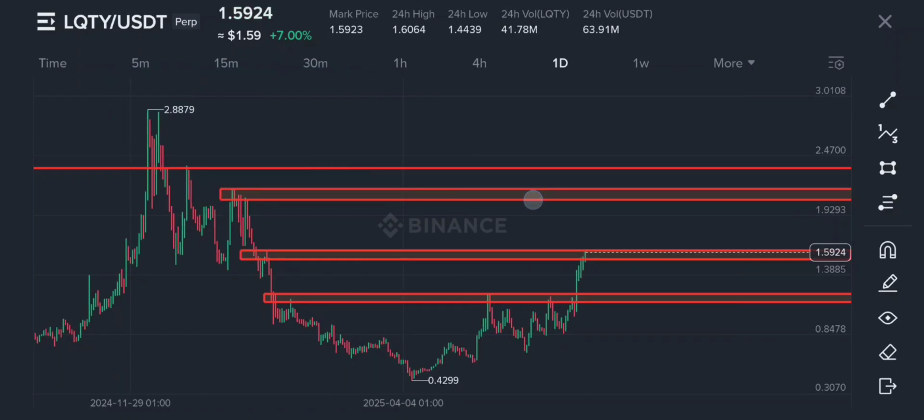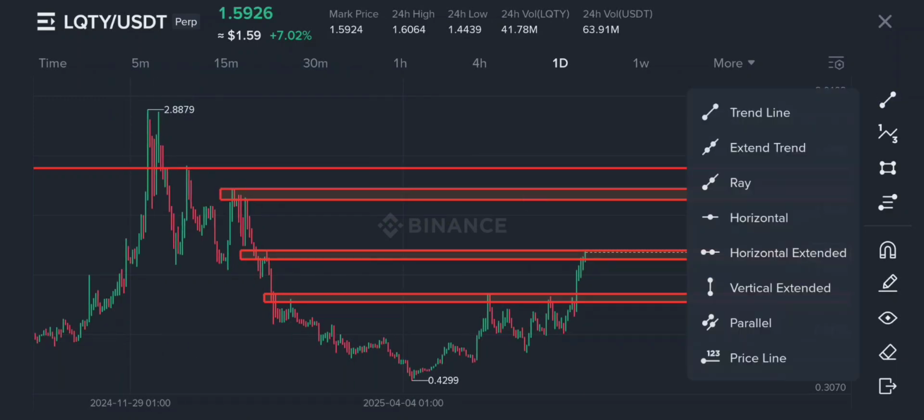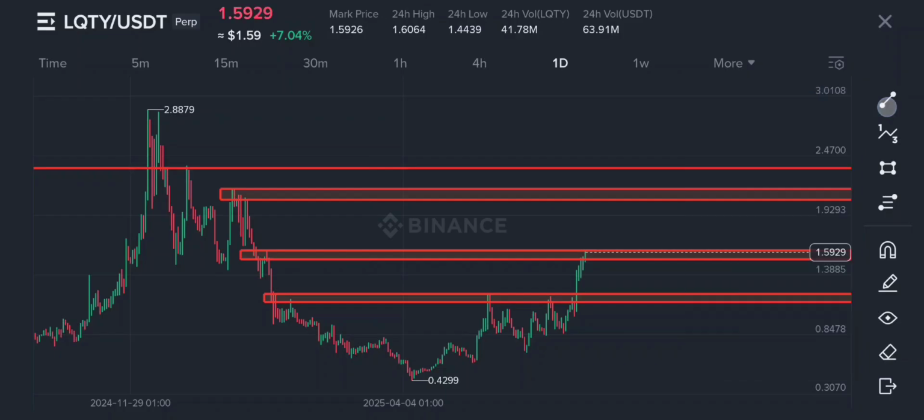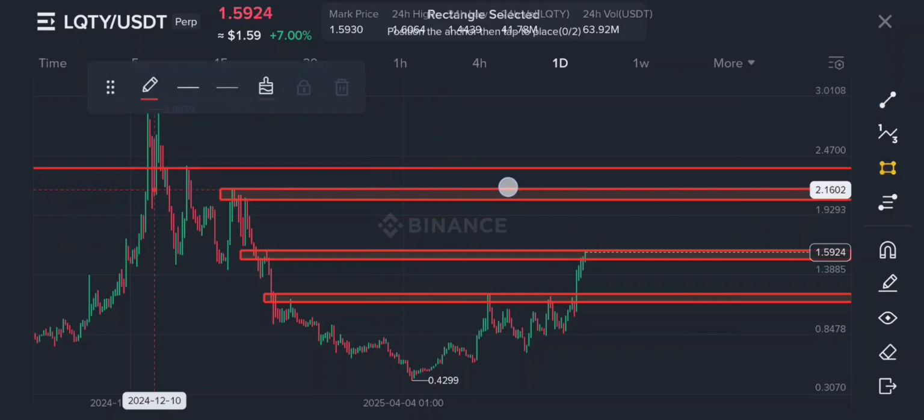But since it's closer to this one, I'll just use a line so that you know that the market will also react to that area once it gets there. This is another area of interest.